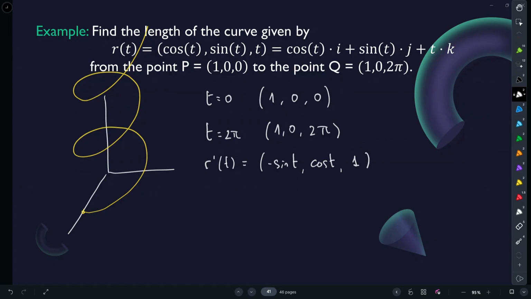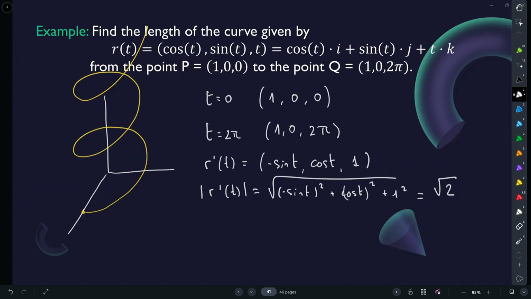And I have to compute the length of my derivative vector. That will be the square root of the square of the coordinates of the derivative: minus sine t squared plus cosine t squared plus 1 squared. And sine squared plus cosine squared is 1, so this is a square root of 2.